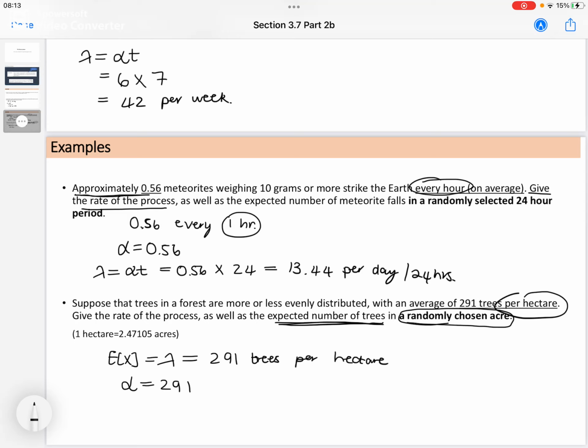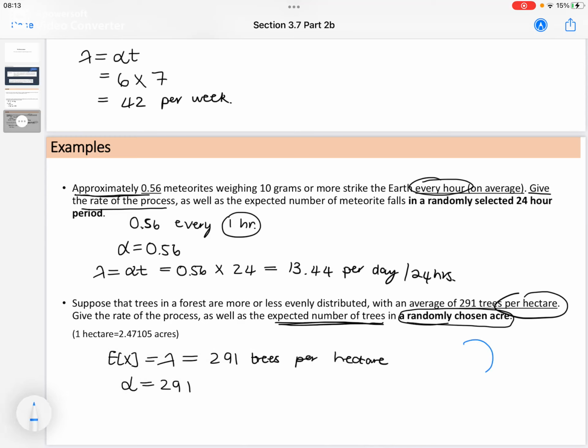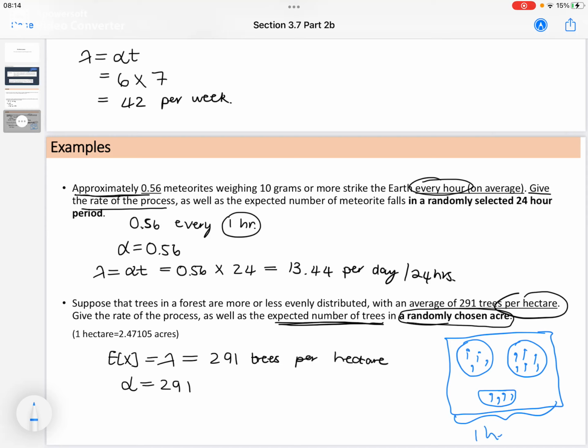So we have that 1 hectare is equal to 2.4715 acres, meaning we have about two and a half acres that will make up 1 hectare. Then you have those trees in there. All right, so we have 2.5 acres.